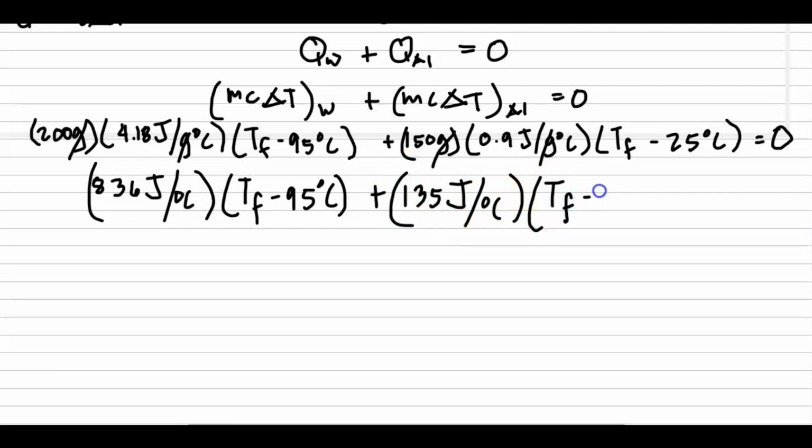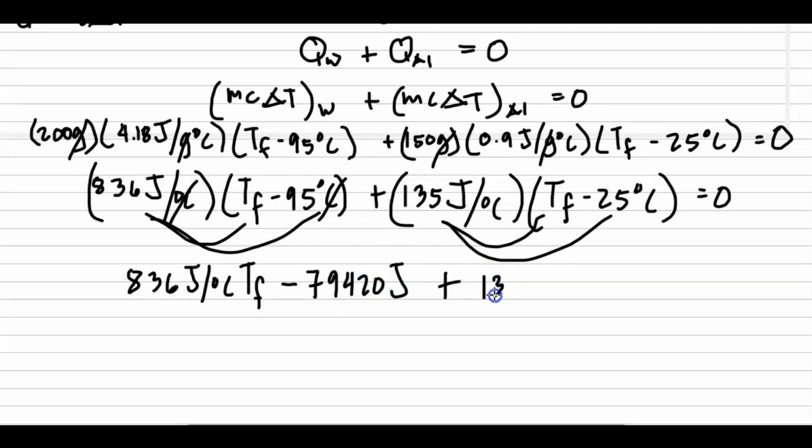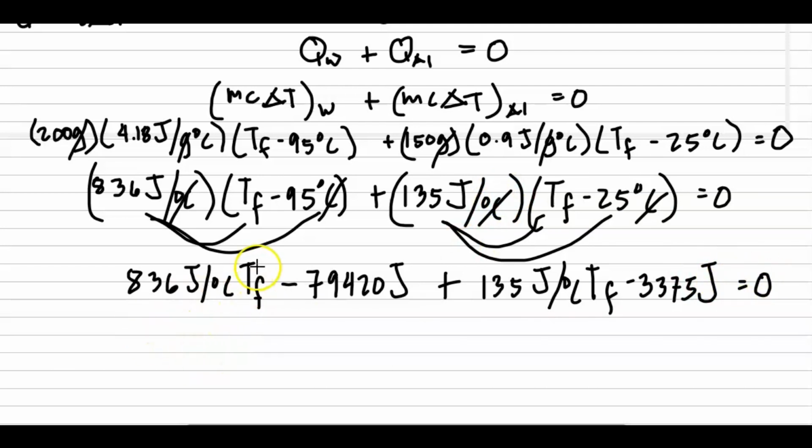By further simplifying this, we end up with 836 joules per degree Celsius TF minus 79,420 joules plus 135 joules per degree Celsius TF minus 3,375 joules is equal to 0.